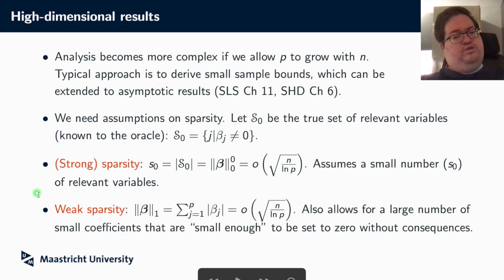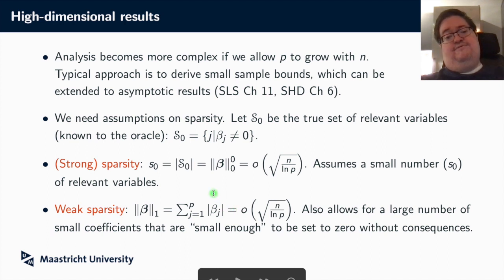Now there's an alternative way to define sparsity, which I think is quite interesting as well, because it also comes back to the issue of approximations and whether we believe that the true models are really sparse. And that is so-called weak sparsity, where we don't look at the L0 norm, which we do for regular or strong sparsity, but instead we look at the L1 norm. What we're saying is the L1 norm, so the sum of the absolute values, should not be too large.